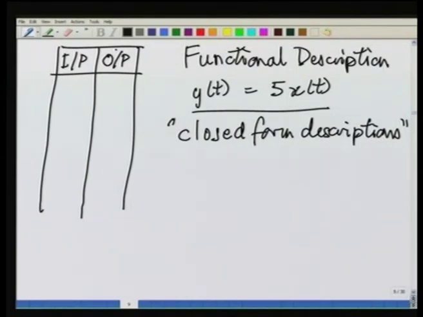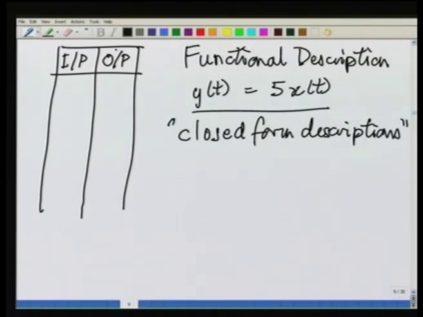It often happens, however, that we are only interested in this class of systems, but the fact remains that lots of systems would not be amenable to a closed form description of this sort, and yet they have as much of a right to be called systems as systems which have a closed form description.